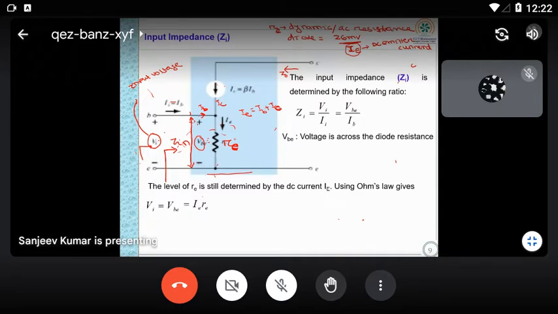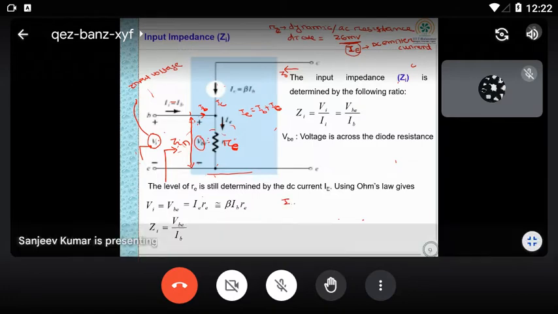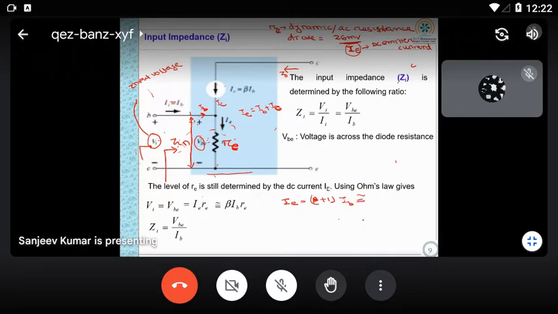Instead of IE, I can write beta IB RE, because IE is equal to beta plus 1 into IB, which is approximately beta into IB.